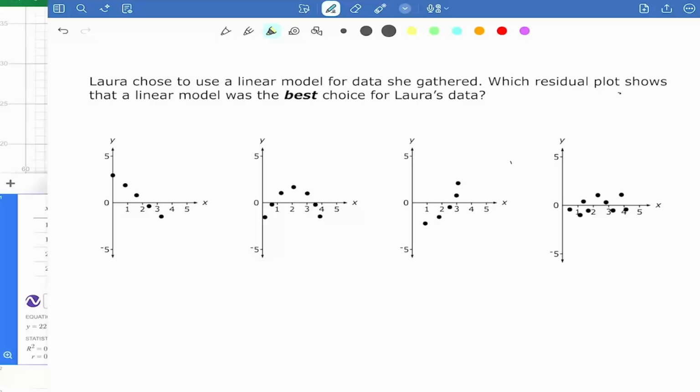So in this problem, we got to refer back to our definition side where it was talking about the residual plots. And in those residual plots, it says that for us to have a good residual plot, we need to know that there should be no pattern. So no pattern. In a no pattern, we have a good residual plot.